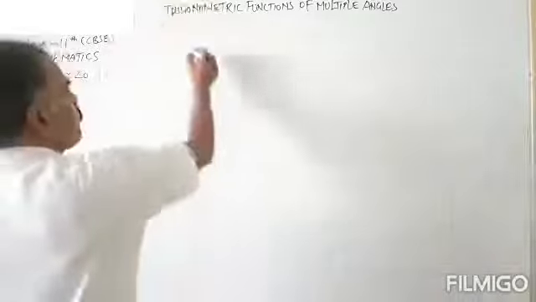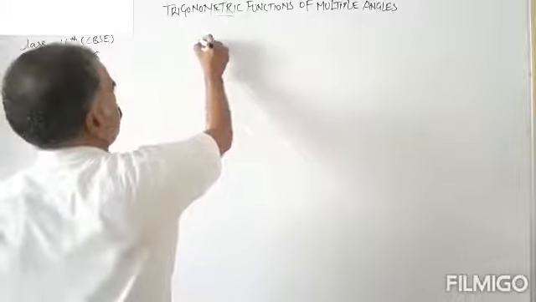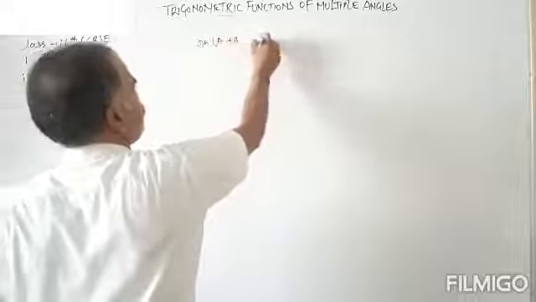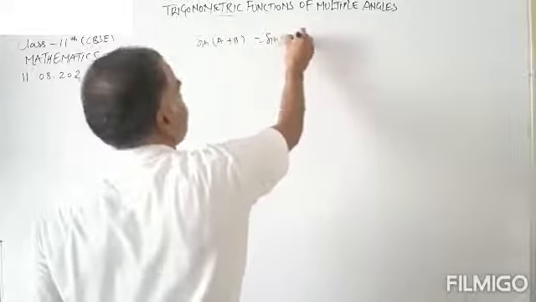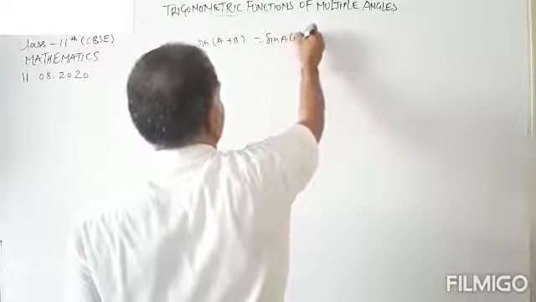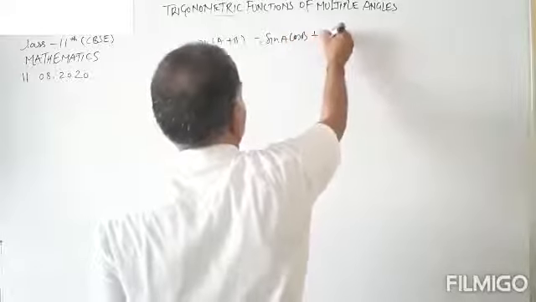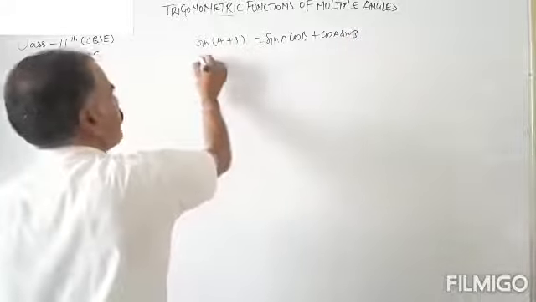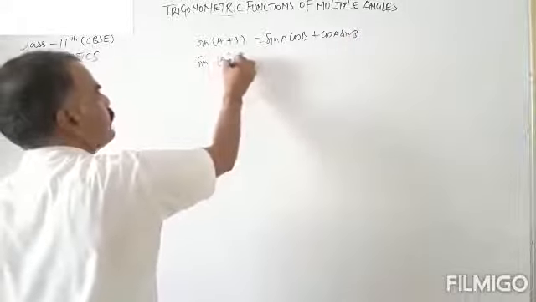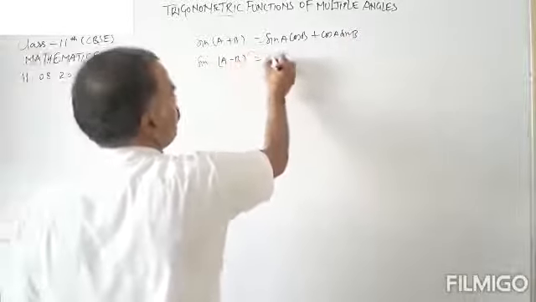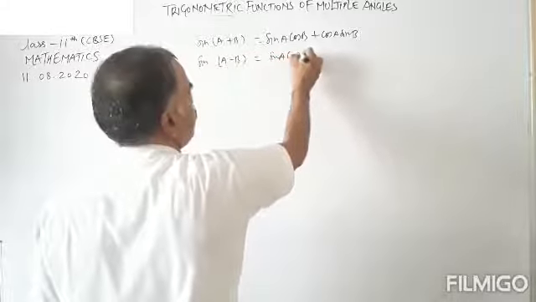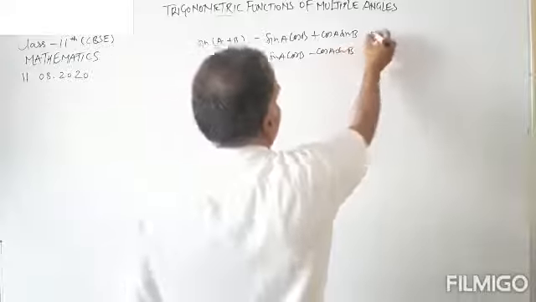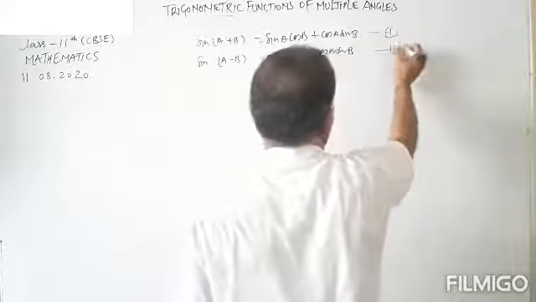Now sin of (a plus b) equals sin a cos b plus cos a sin b, and sin of (a minus b) equals sin a cos b minus cos a sin b. Equation first, equation second.